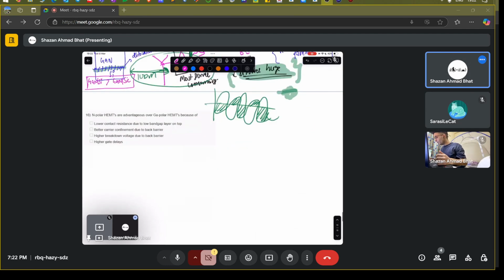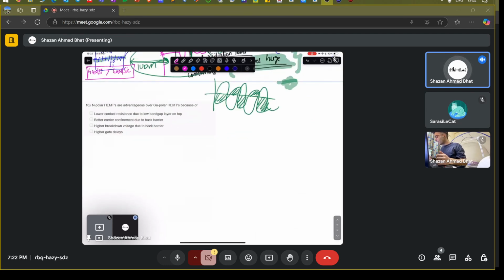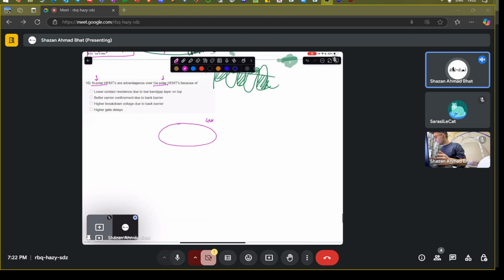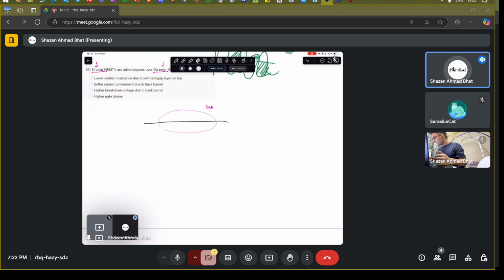Okay, now what else? N-polar HEMTs are advantageous over gallium-polar HEMTs because... so what is this N-polar? What is this gallium polar? If you have a sample, a gallium nitride disk, and you cut a cross section of it and draw the front view, this will have some thickness, which is the gallium nitride thickness.